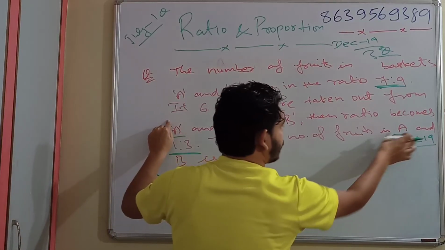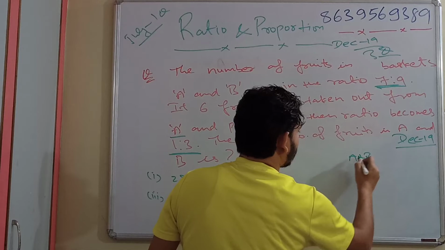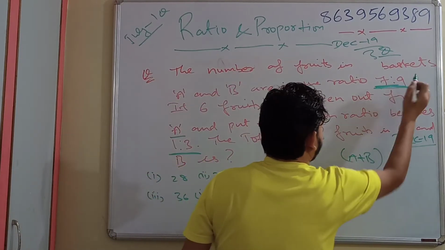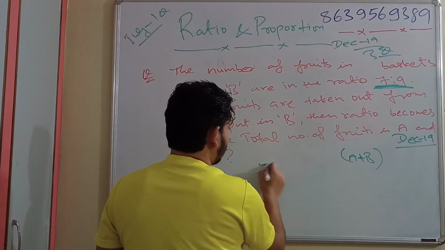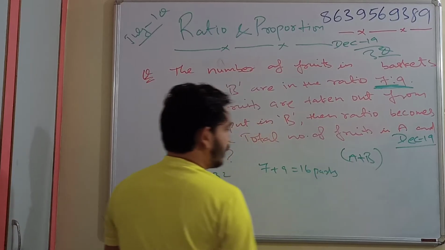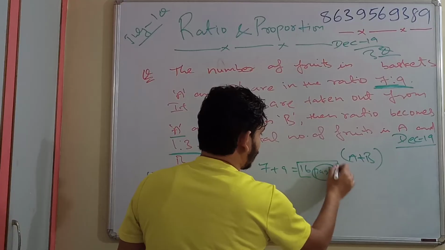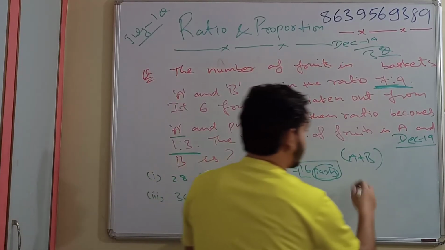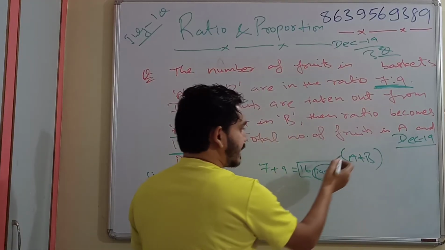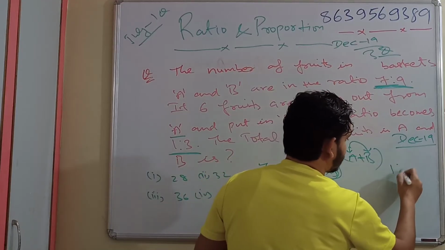The total number of fruits in A and B is, like he is asking total, nothing but A plus B. Let's say when the ratio is 7:9, the total initially will be 7 plus 9, nothing but 16 parts, right? That one part will be how much we don't know, but the initial total 16 parts will be there. Similarly, when you are removing 6 from this part and keeping in this one, then the ratio becomes 1:3.